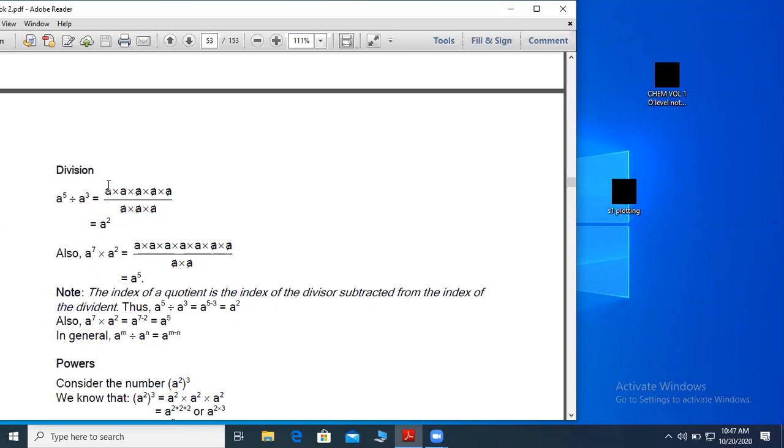So these a's on the numerator are 5, and the a's on the denominator are 3. So we cancel those that are right to cancel together. The a's are going together, and we have the answer as a power 2.